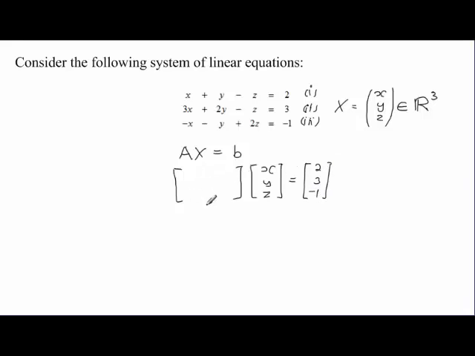What will be left inside here? You can tell me. I said I've removed the x, y, z. What will be left inside? Come again? 1, 1, minus 1. That is, we're moving along a row, isn't it? Okay. Right. That's 1 there. Then we've got 3, 2, and minus 1.